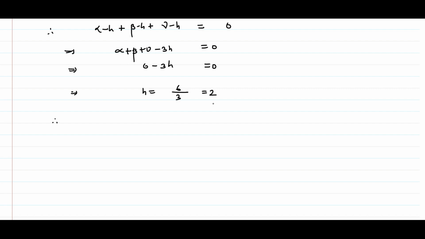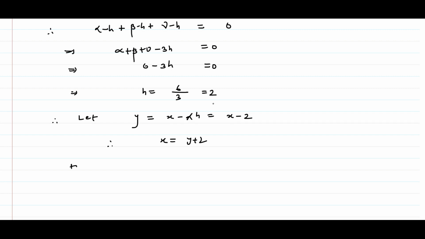So now here we can assume that y is the root of the required equation, that is x minus h, we can write x minus 2. So now from here we can find the value of x, that is y plus 2.